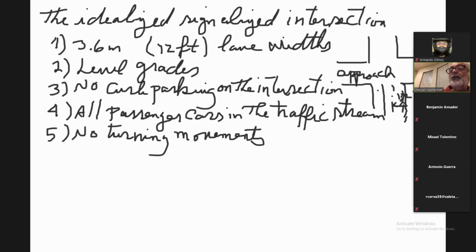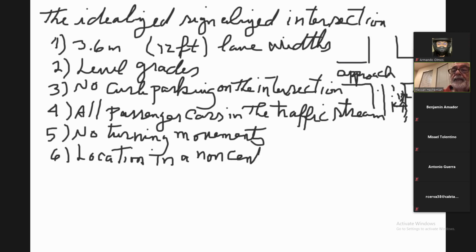So no left turn, no right turn, nothing. And the location in a non-central business district.